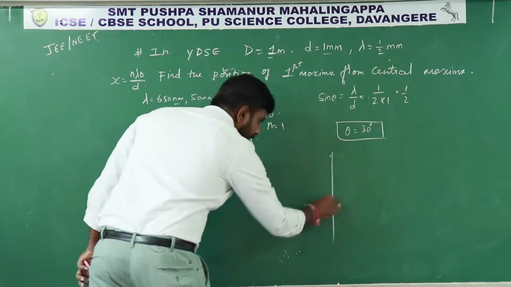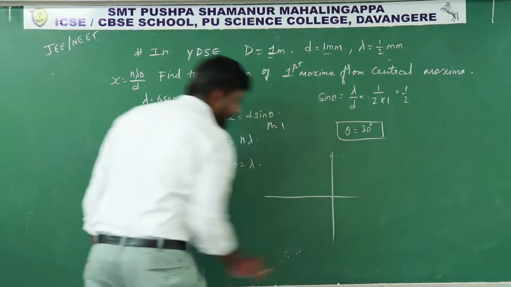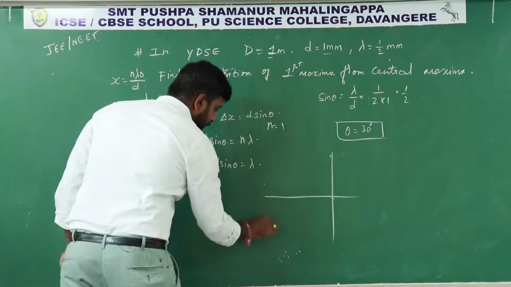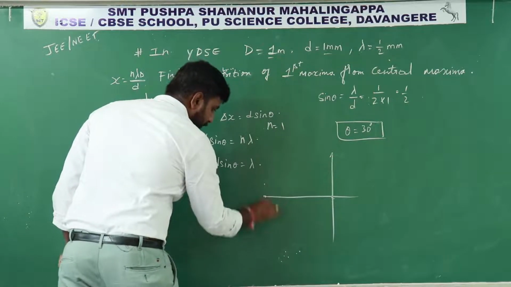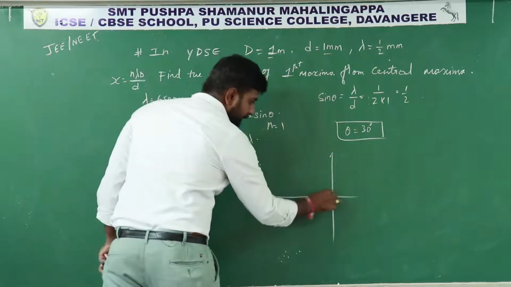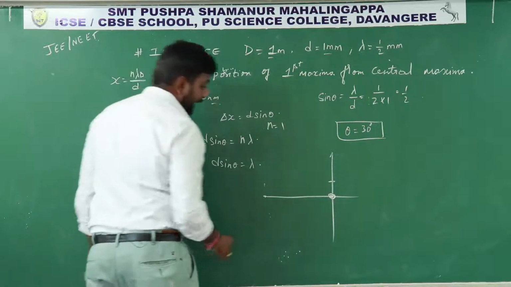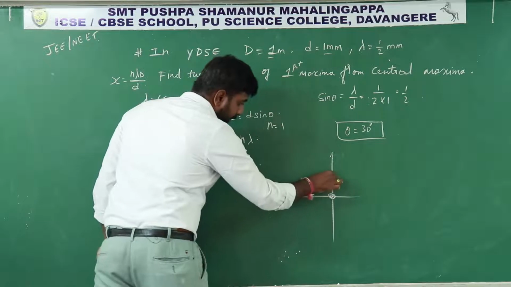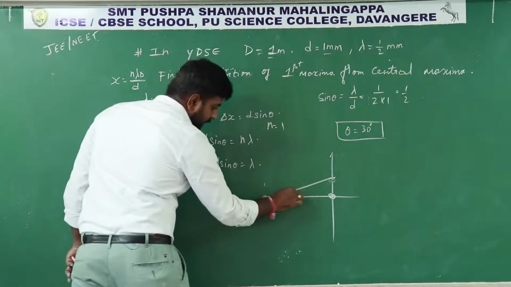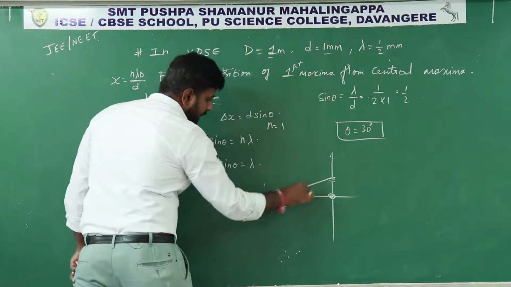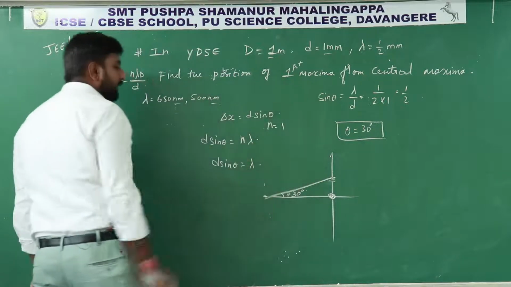This is the screen and this is the central axis. These are the two slits. This is the midpoint of the two slits. So this is the central maxima and this is the first maxima, and the first maxima's angular position is given by the theta value, that is 30 degree.